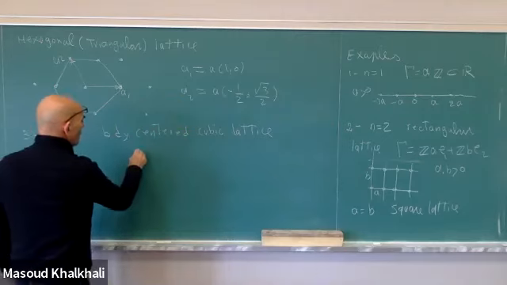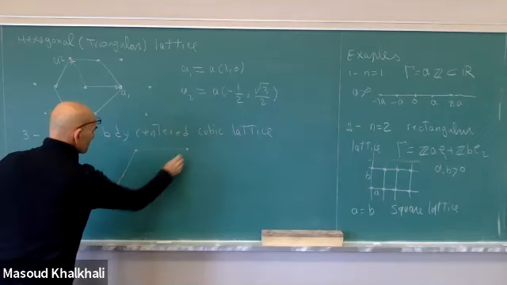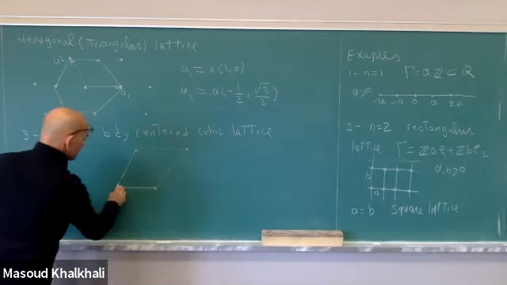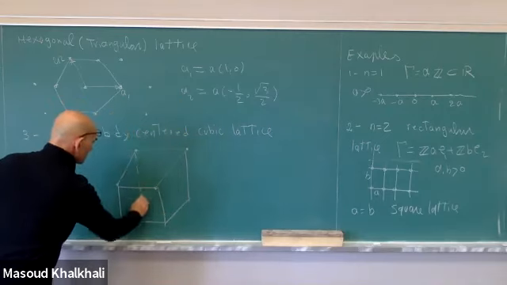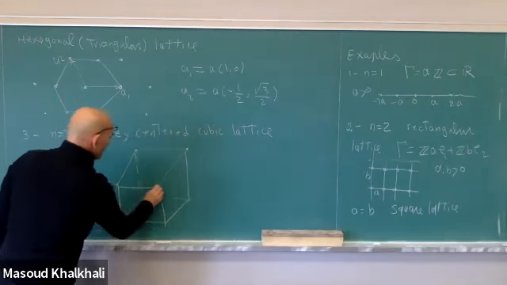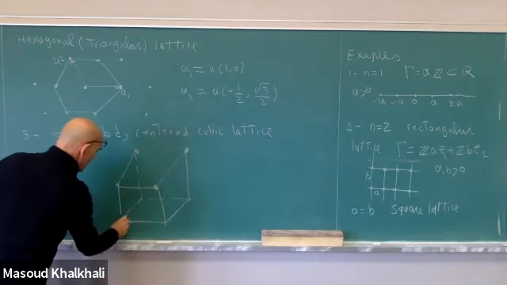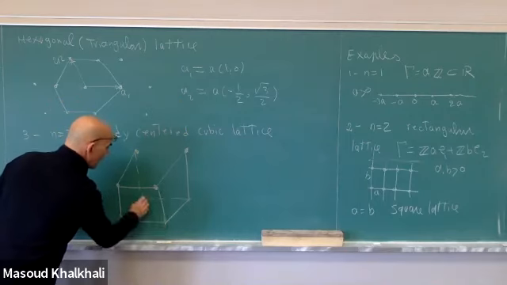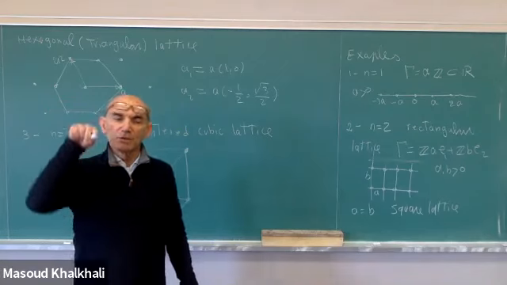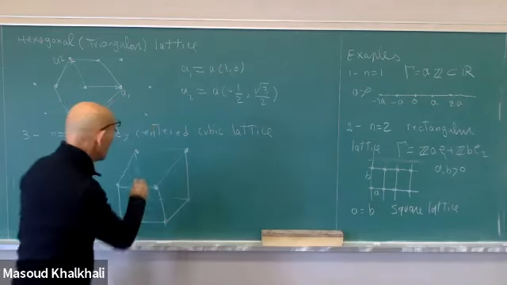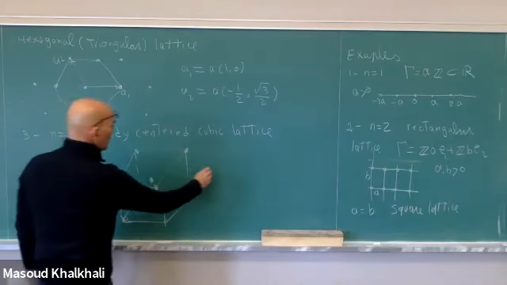So we can take a cube of length A. The lattice consists of vertices of the cube. But then inside, right at the center, you also pick an element and declare this also to be lattice. So this is gamma.